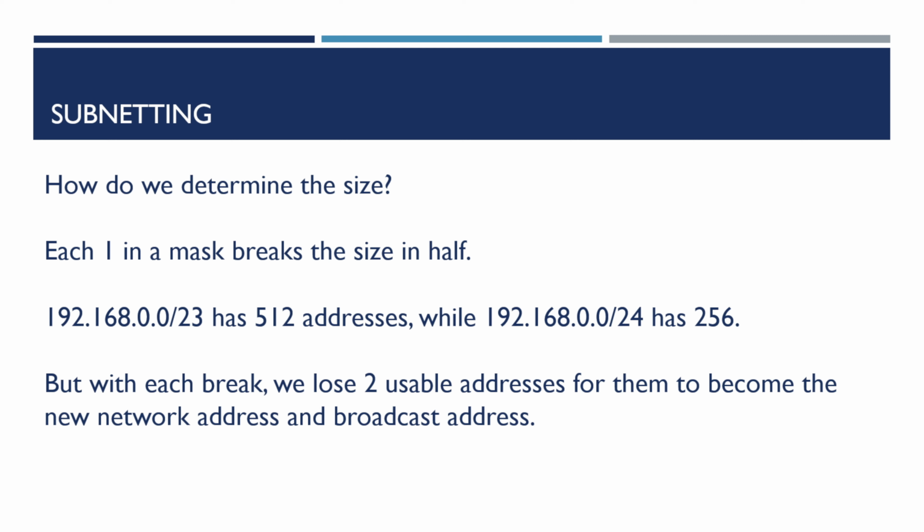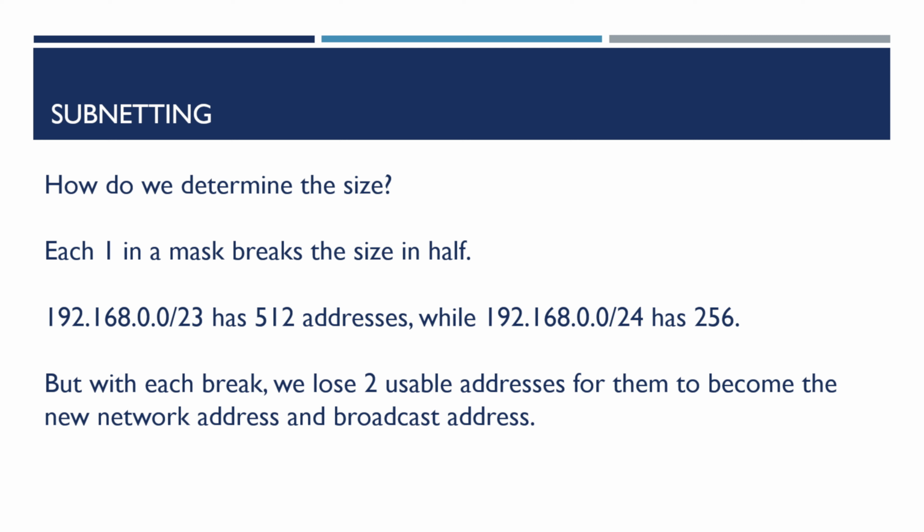With each break, we lose 2 usable addresses for them to become the new network address and the new broadcast address. Again, every network needs a network address. Every network needs a broadcast address. We lose those 2 addresses when we break it in half. On a /23, we already have that 0 address assigned as the network address.